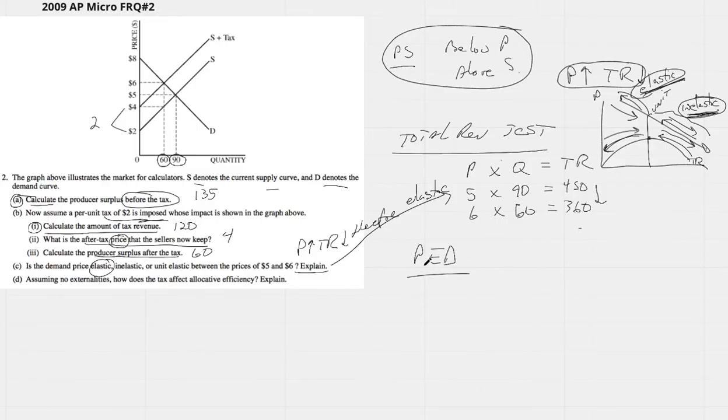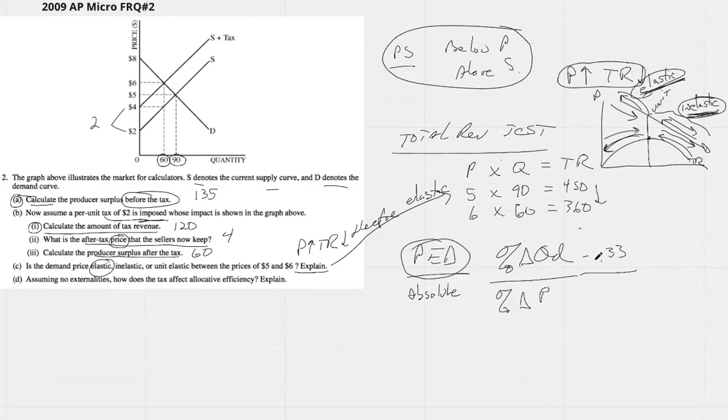We also could have done the PED value. We know it's a percentage change in quantity demand over a percentage change in price. It looks like our quantity demand went down from 90 to 60. So that is a 0.33 percent change decrease, but remember PED's absolute value, so we don't have to worry about that.